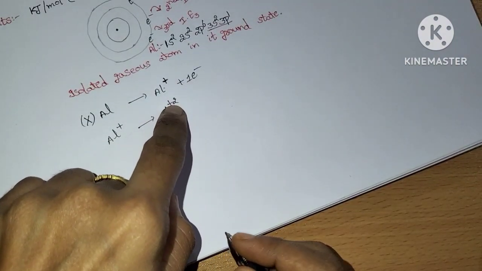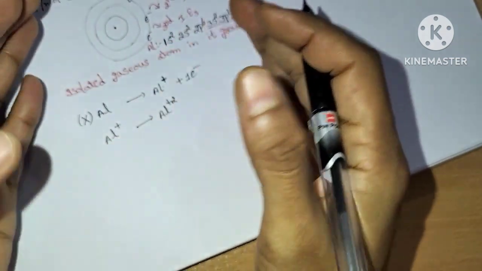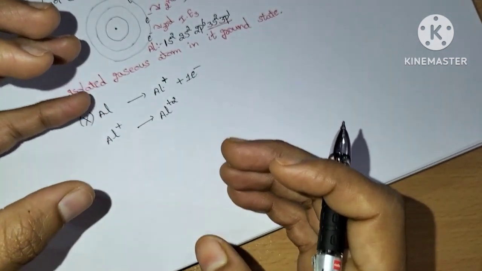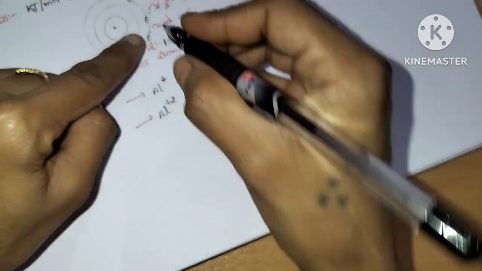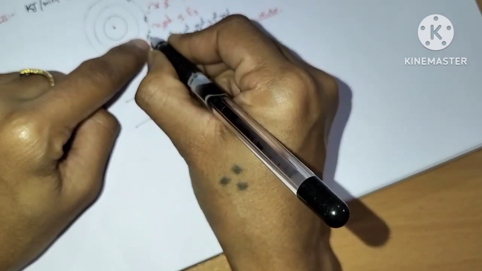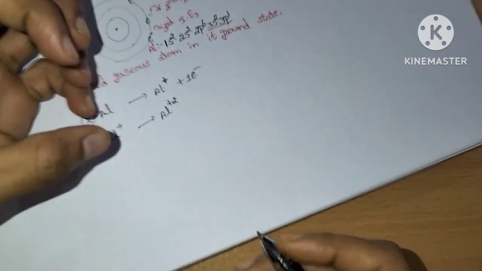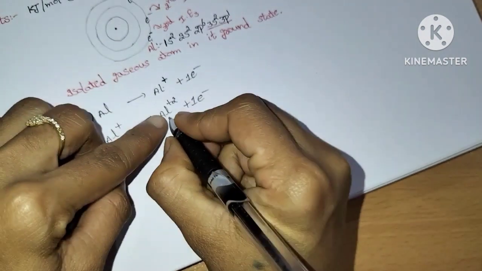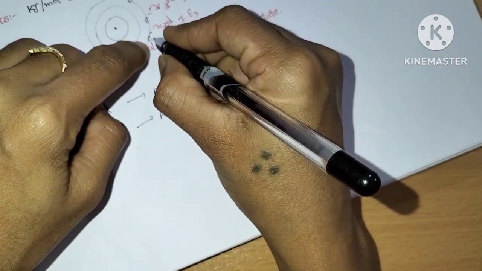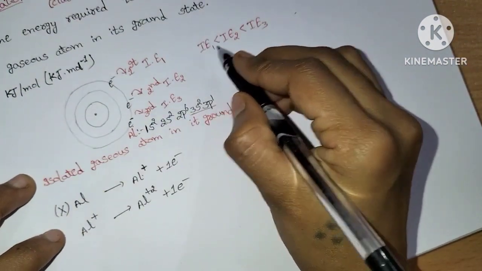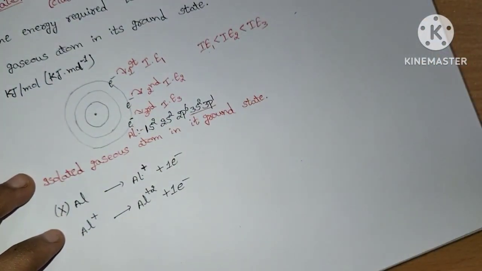So these 2 positive charges are completely more compared to the ratio of protons and electrons. So the nuclear charge on the third valence electron, after removing these 2, is more; more nuclear force is there. So from Al 2 plus, to remove the third electron, it requires much more energy compared to IE1 and IE2.